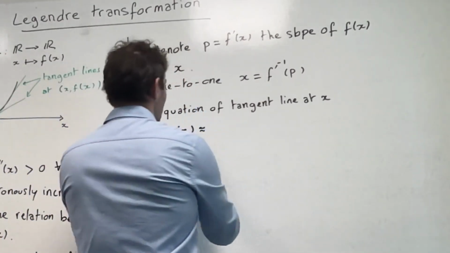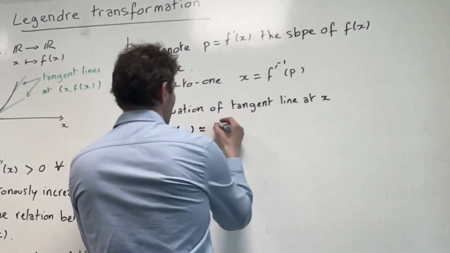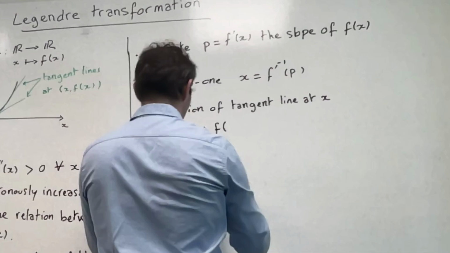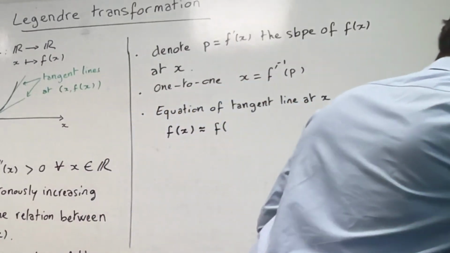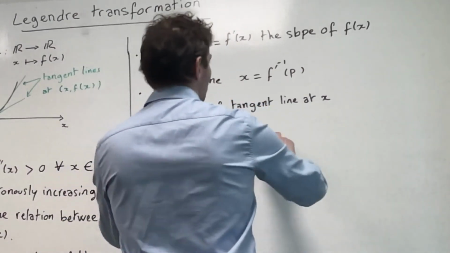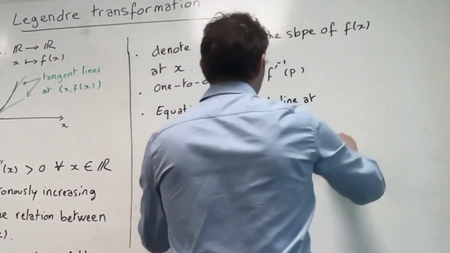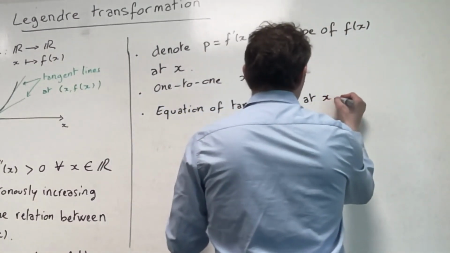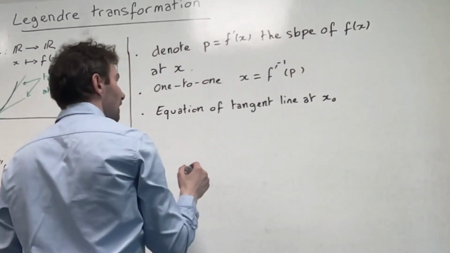So here you've got that f of x is going to be f. That's not a good way of putting it. So let's say here equation of tangent line at x naught. Let's say we've got some x naught.